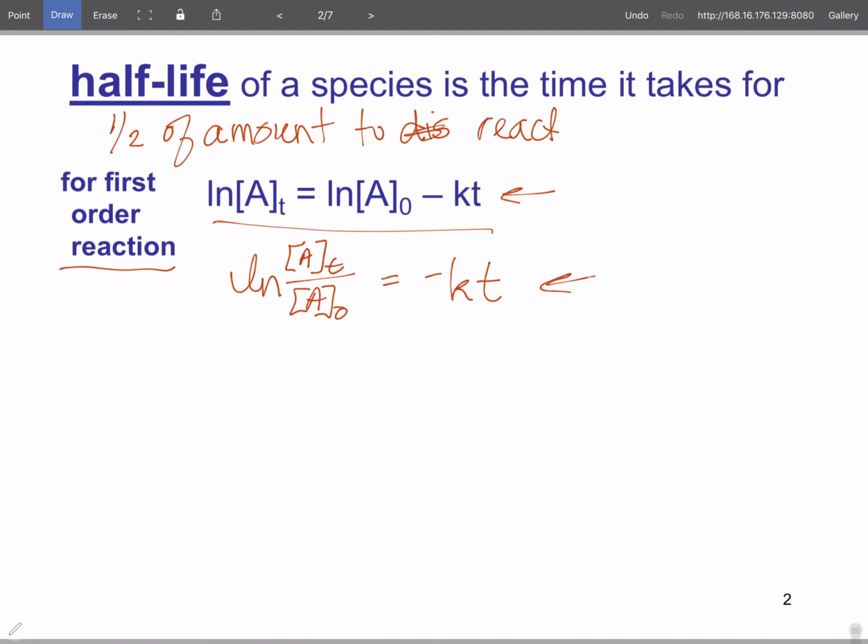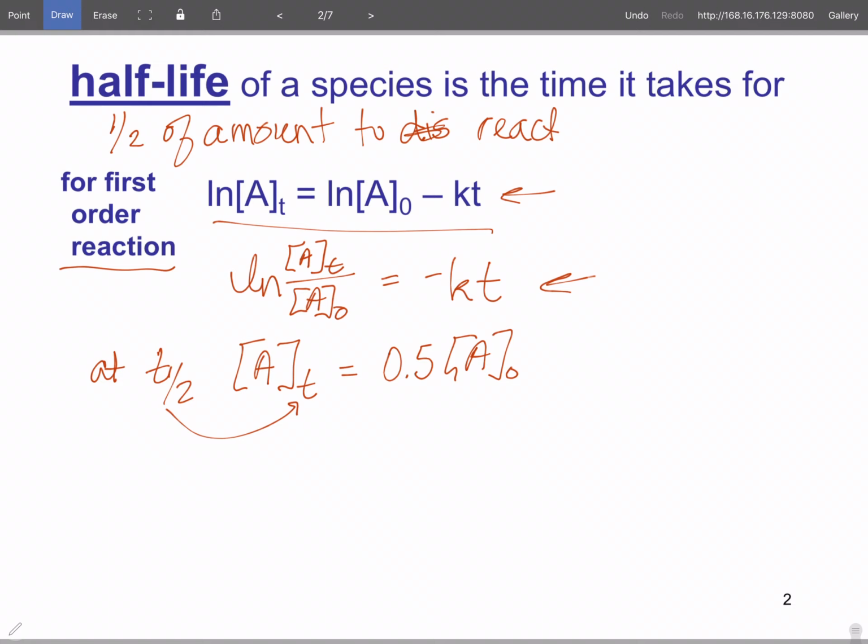So at the half-life, and we specify it as t 1/2, then the concentration of A sub t is equal to half the concentration of it originally. So what we're doing is we're relating the concentration of the compound at the half-life.